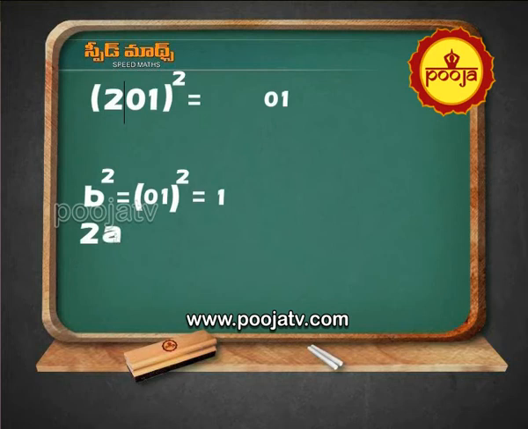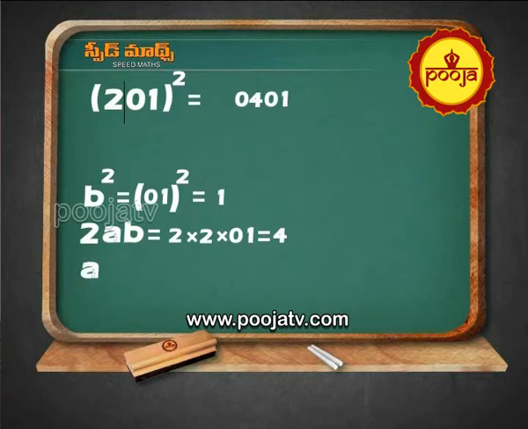01 here, 2ab equals to 2 into 2 into 01, 4, 04 here, a square equals to 2 square equals to 4. 4 here.